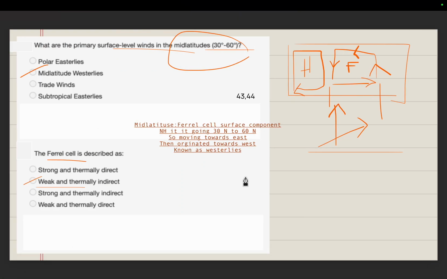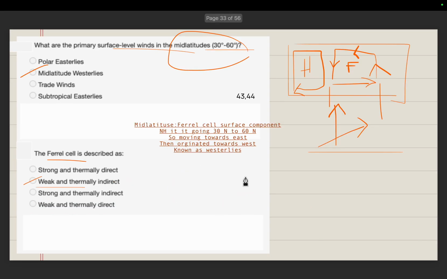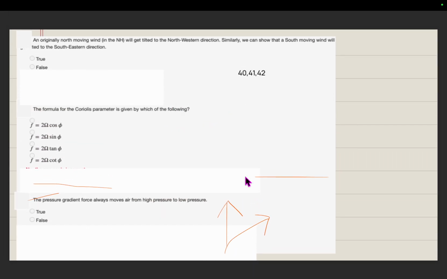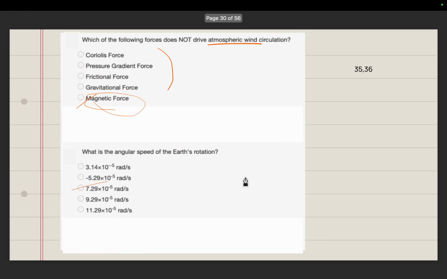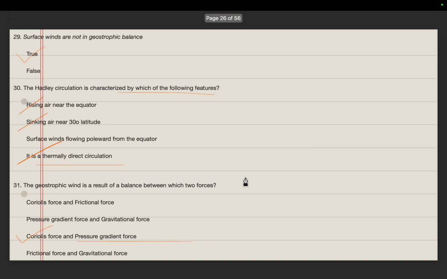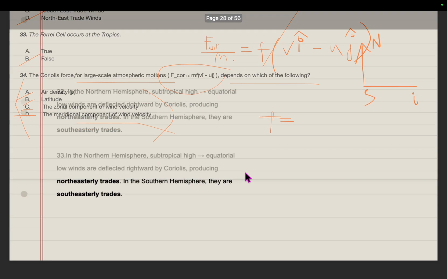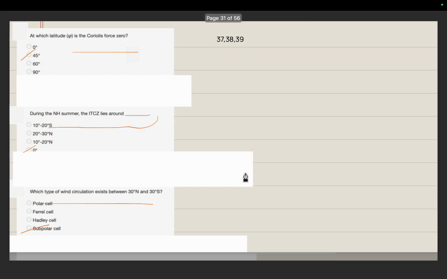Question 45. Why is it weak? I am not very clear on this weak and strong, but I guess weak or strong depends on the velocity. I have to clarify this, sorry for that.